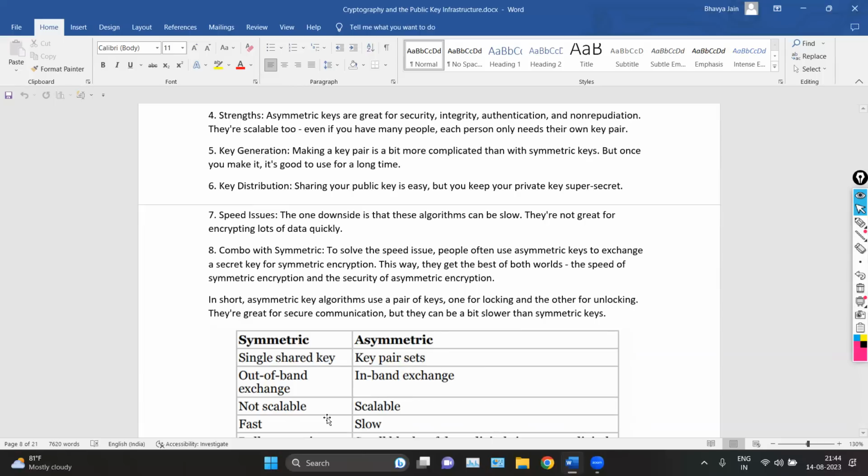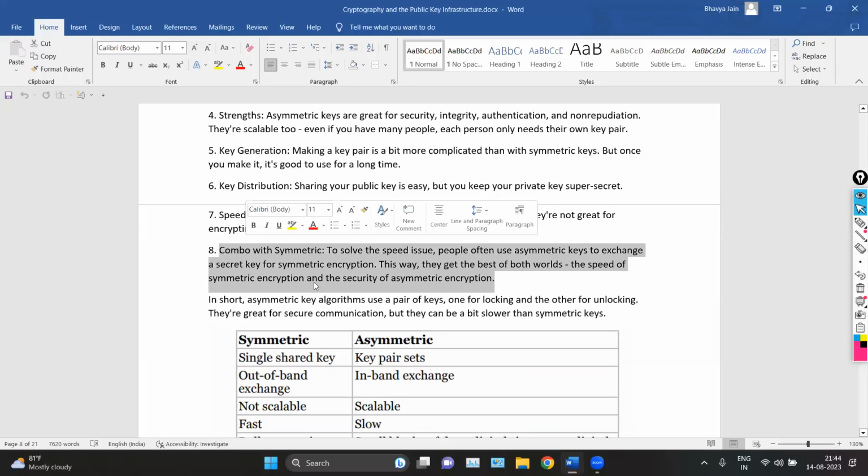Then the receiver uses that symmetric key to decrypt the real message. That is the combination of symmetric and asymmetric algorithms. This way you can ensure both speed and security: speed with the symmetric and security with the asymmetric. Is it clear? This one, the combo with symmetric.